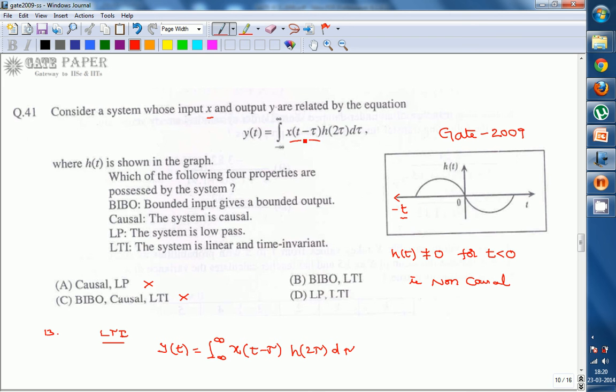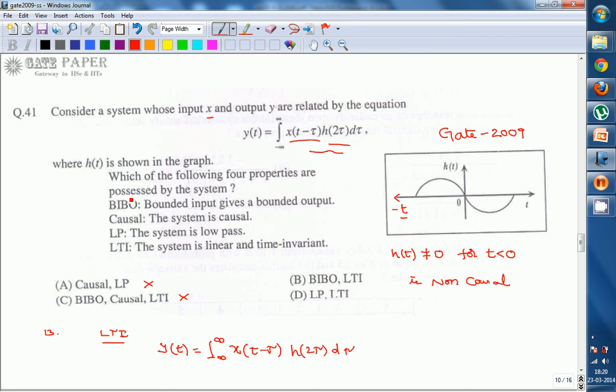The multiplication of these two becomes bounded. Then the integration of a bounded signal again gives a bounded output only.